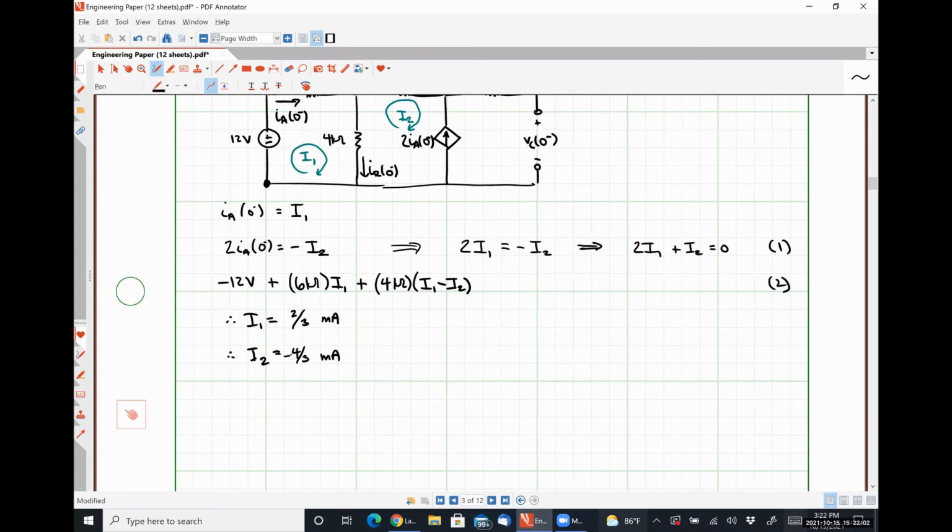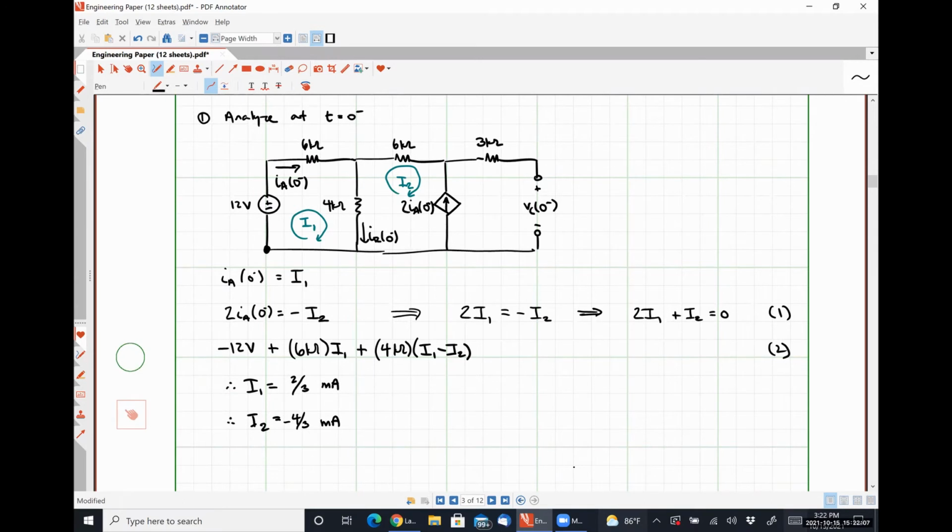Okay, so now that we know what mesh current I1 is and mesh current I2 is, we obviously know that IA at 0 minus is 2/3 of a milliamp. And we know that IR at 0 minus is going to be what?